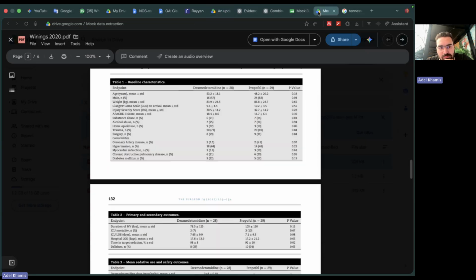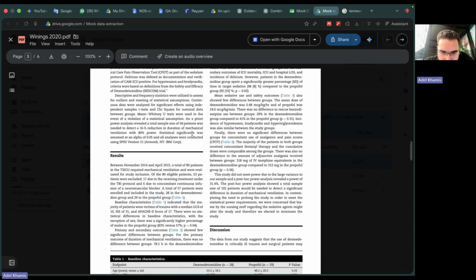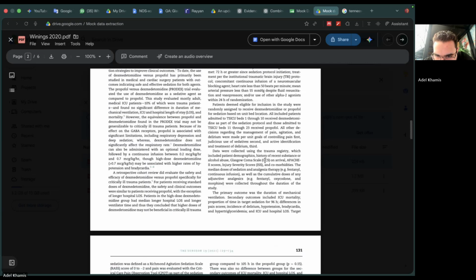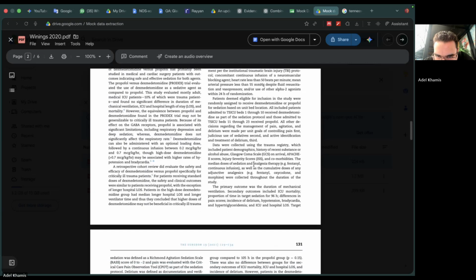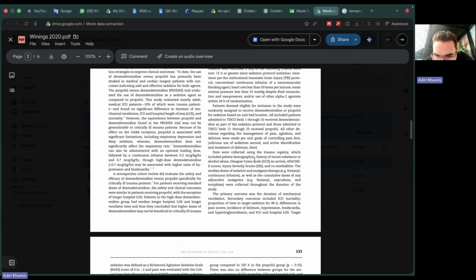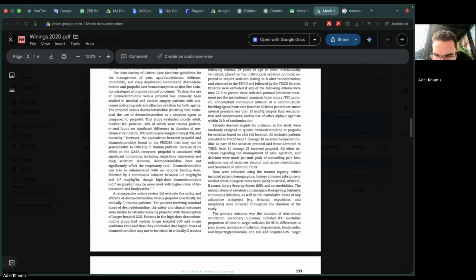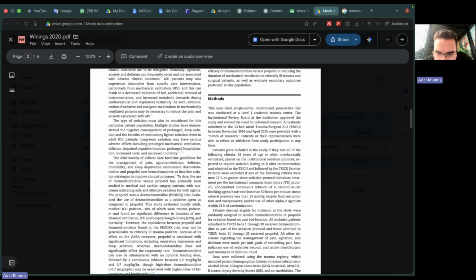The population characteristics, you will copy and paste them from the article. Let me see here. The baseline. Yeah. Which is the inclusion and exclusion criteria for the patients in every RCT. Patients deemed eligible for inclusion were included in the study if they met the criteria.